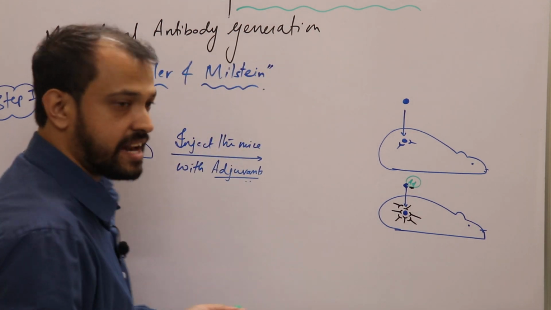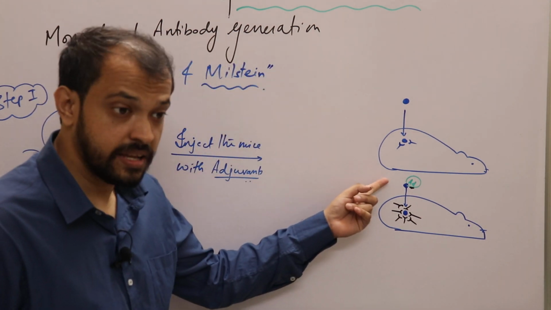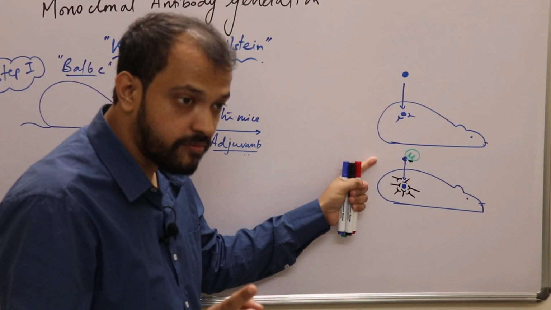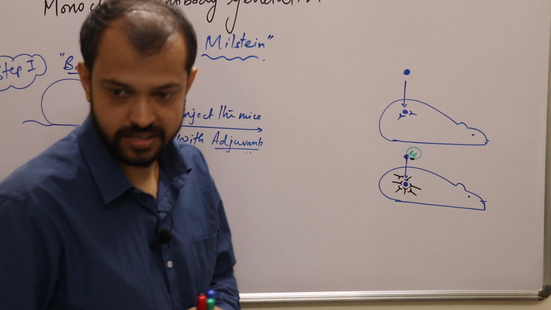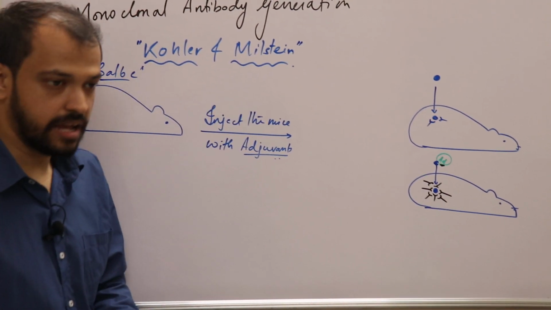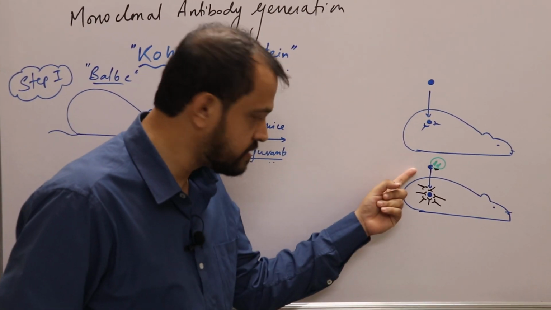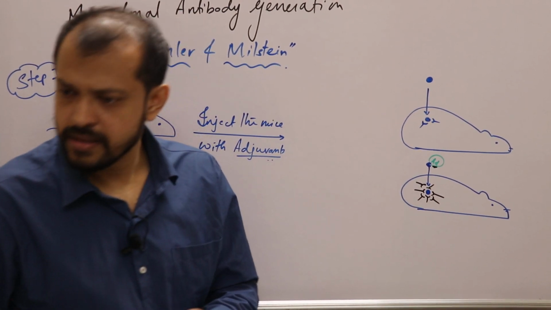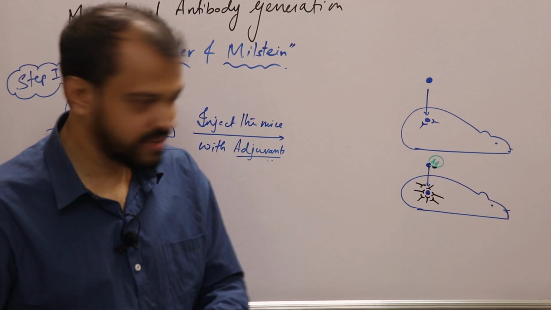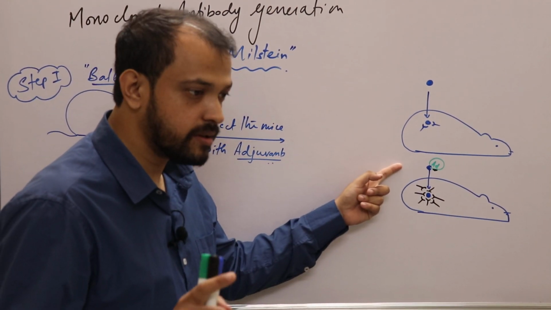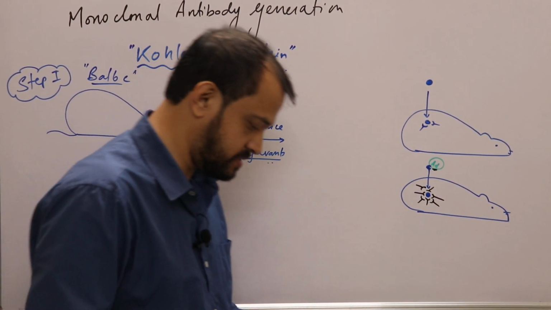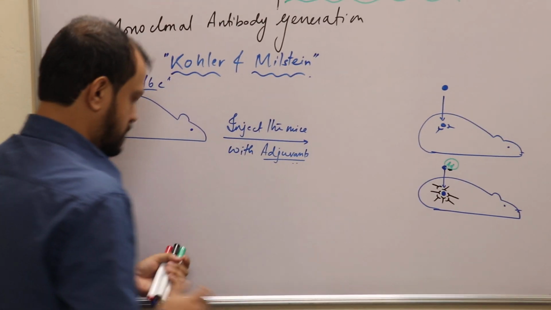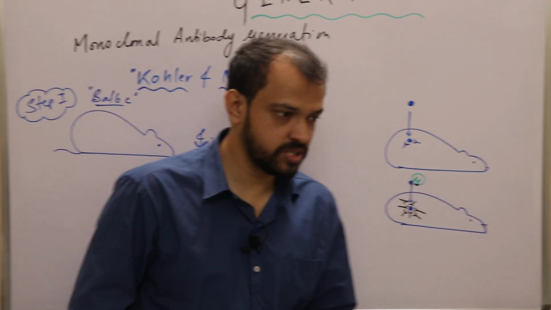That means an adjuvant increases the immunogenicity of an antigen. You should understand this, okay? An adjuvant increases the immunogenicity of an antigen.